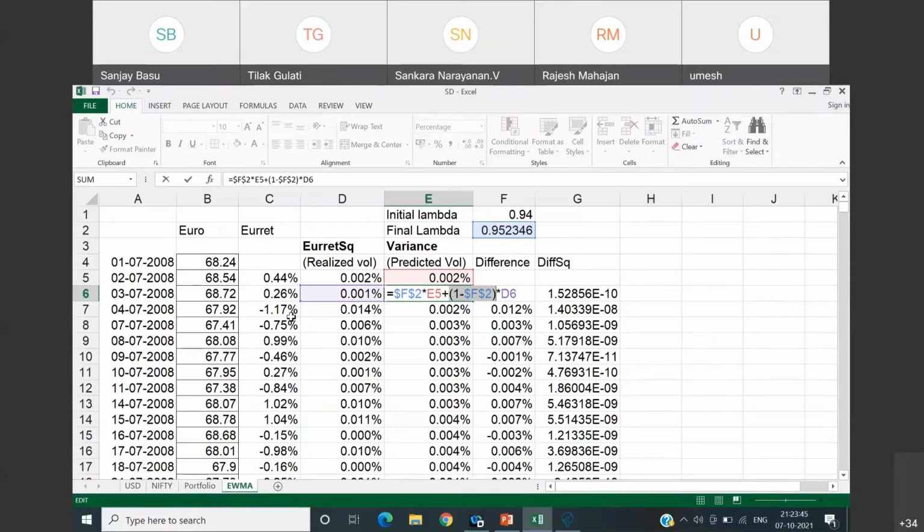So this was thought of by researchers. So suppose yesterday there was a big market shock, say the market moved by 4%, or 5%.